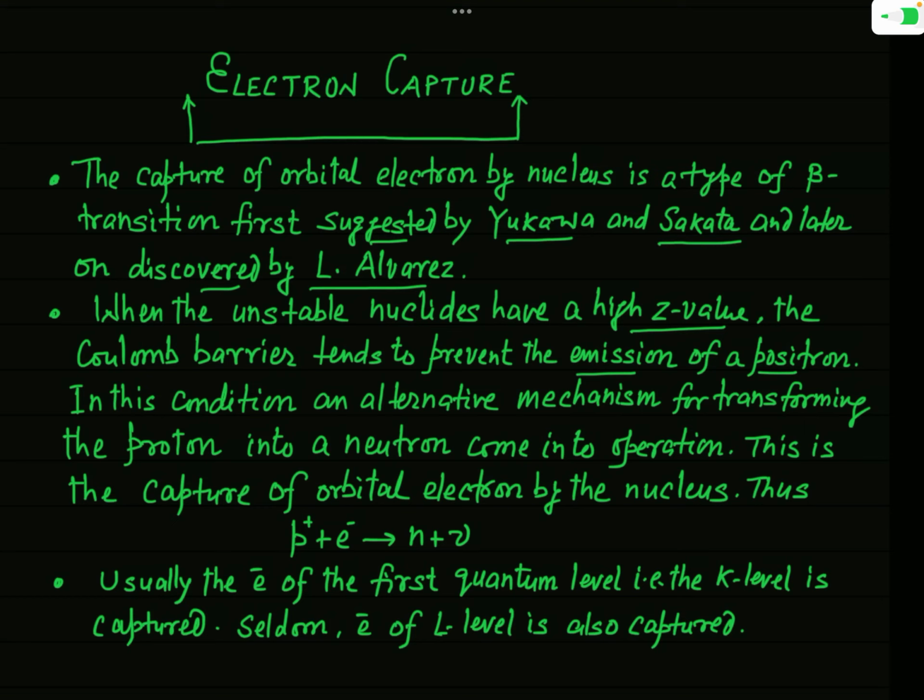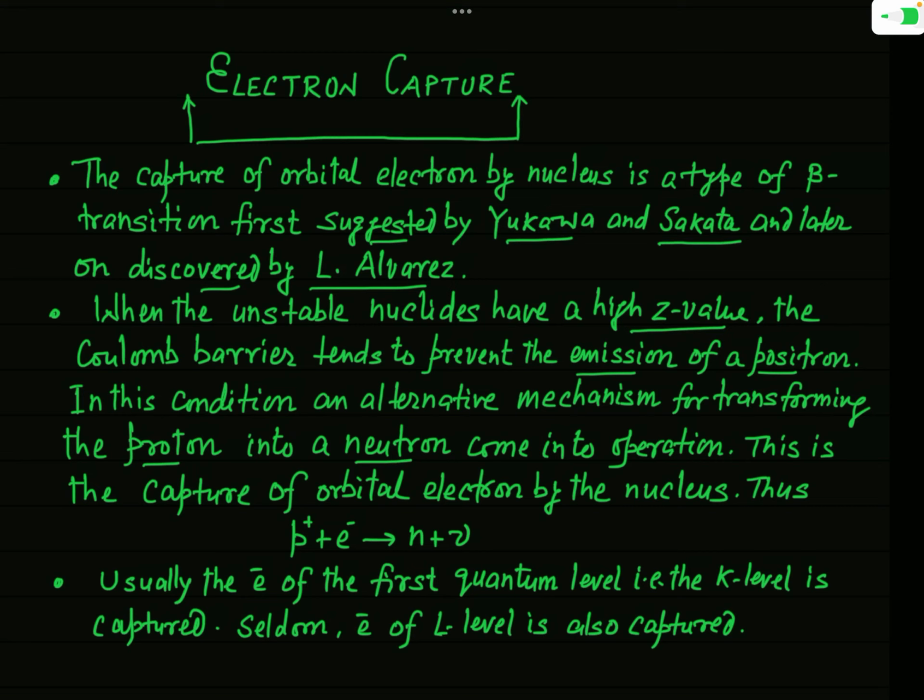And what is that other phenomenon? When the Coulomb barrier is very high and positron emission is not possible, then a proton gets converted into a neutron, but by a different process, and that process is called electron capture. What happens in electron capture?